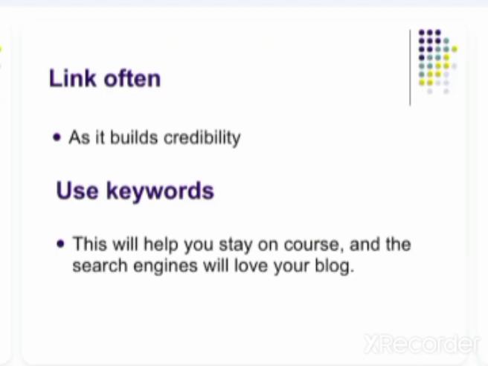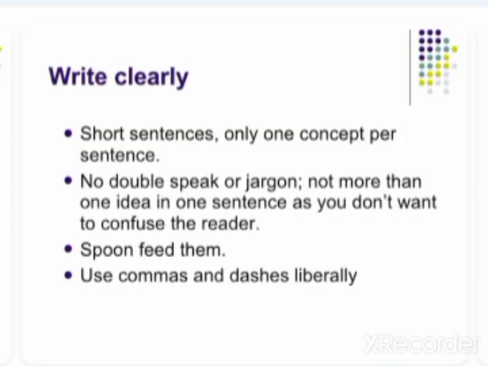You can add links to it, keywords can be added. Write short sentences, only one concept per sentence. Please avoid compound sentences while writing a blog, and no jargon, not more than one idea in one sentence, as you don't want to confuse the reader.